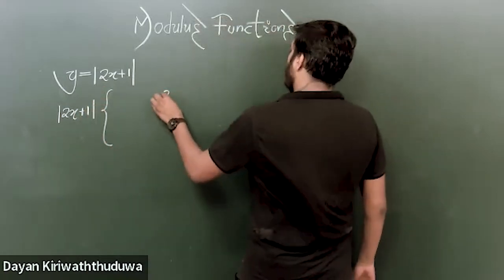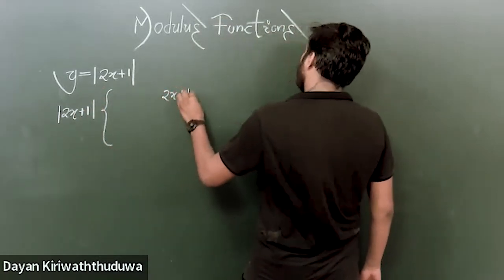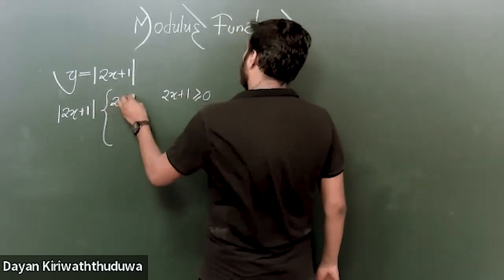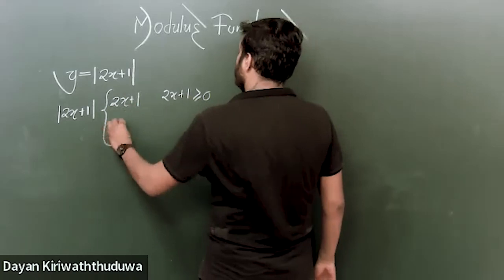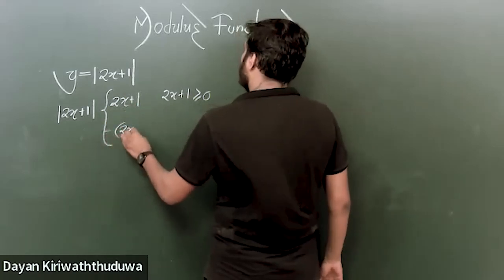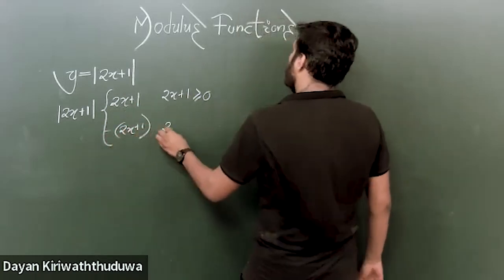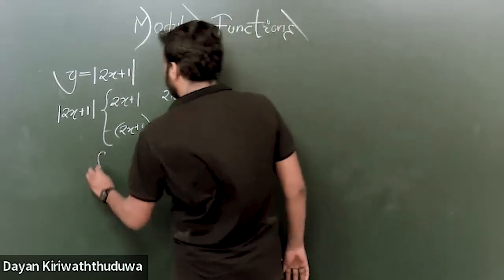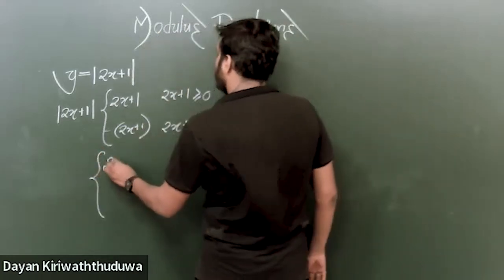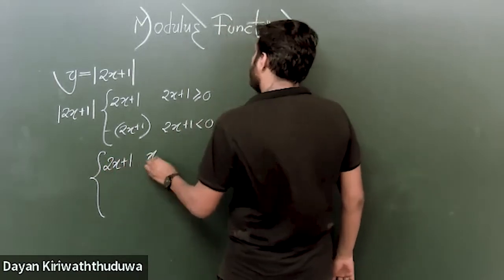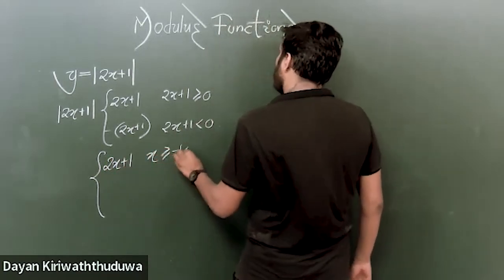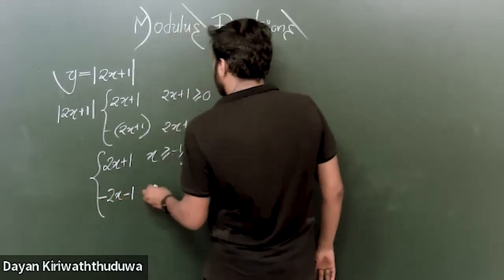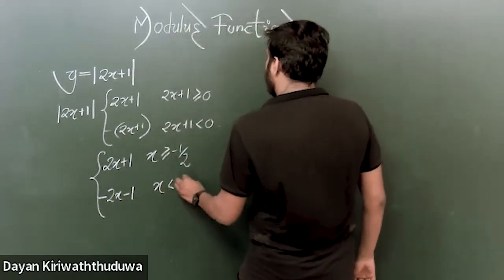When 2x plus 1 is non-negative, or greater than or equal to 0, this is positive 2x plus 1. So I'll just keep it as it is. And it is negative of 2x plus 1 when 2x plus 1 is less than 0. So you can further simplify. This is 2x plus 1 when x is greater than or equal to minus half. And this is minus 2x minus 1 when x is less than minus half.